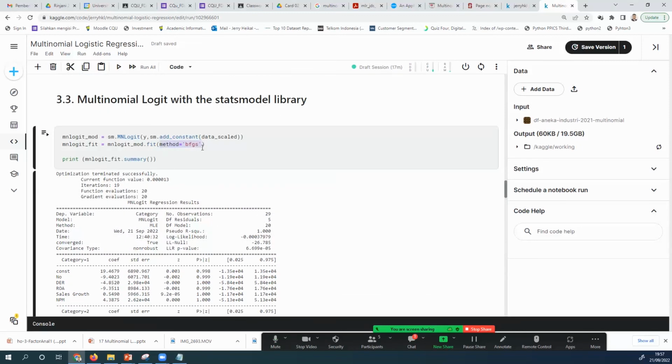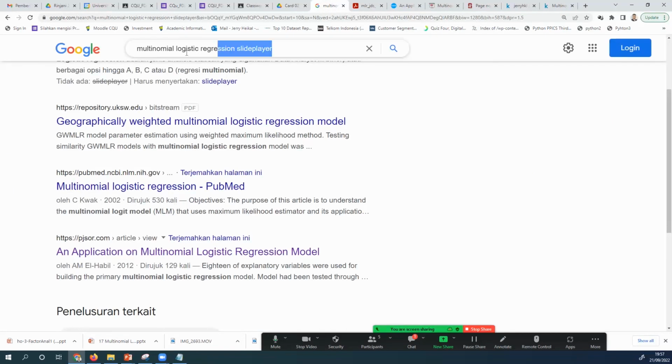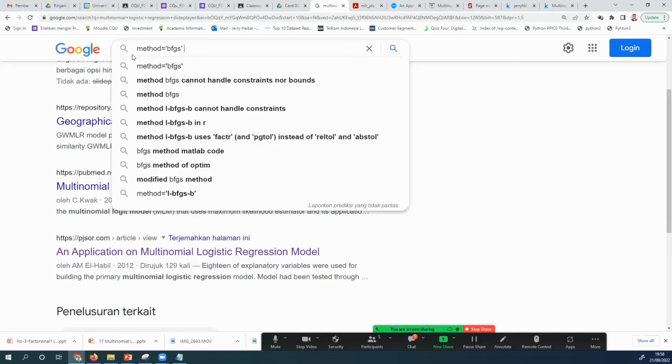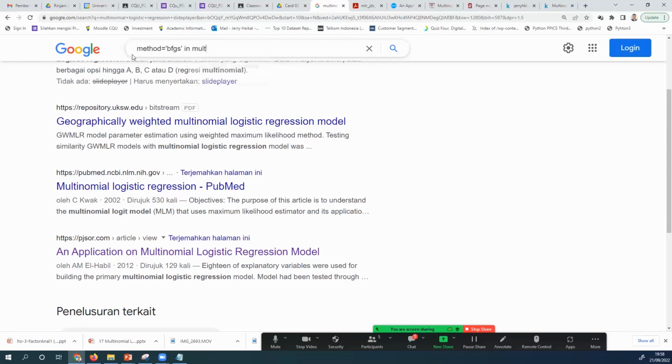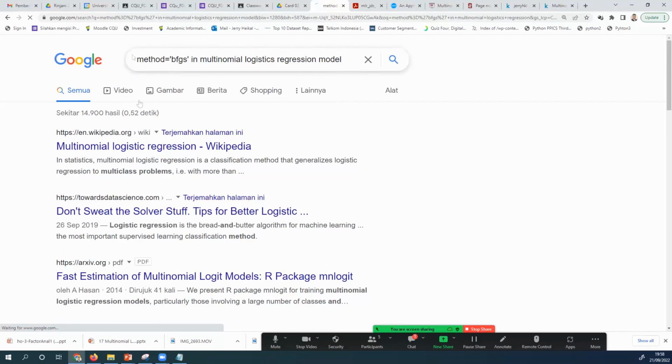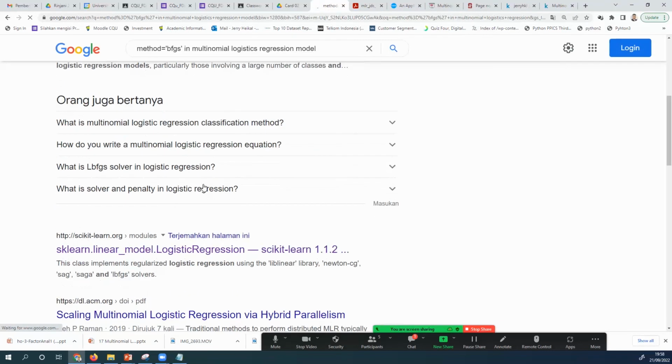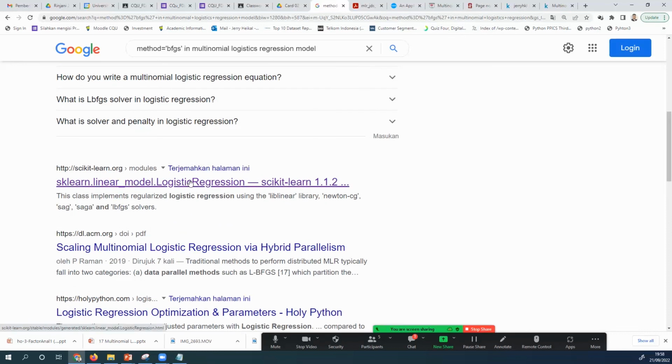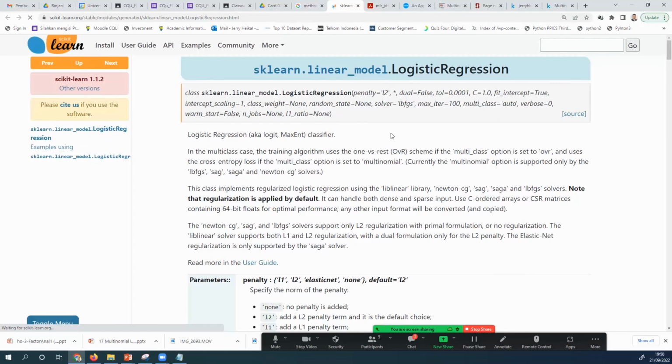I forgot the abbreviation of this in multinomial logistic regression. You can open scikit-learn.